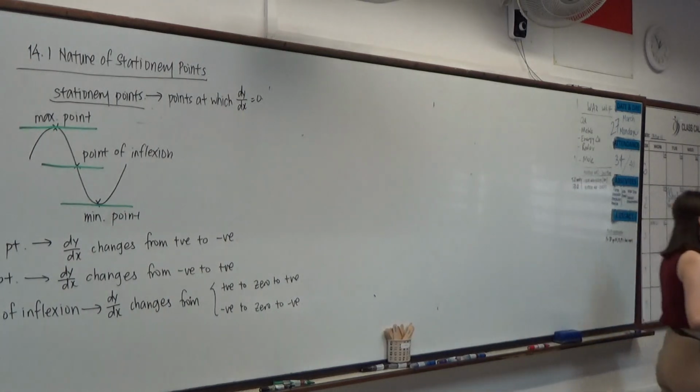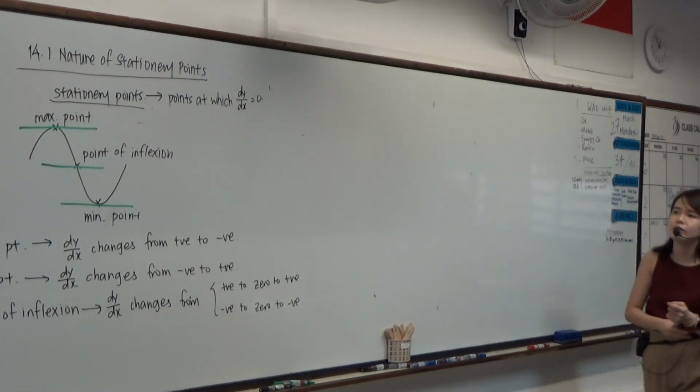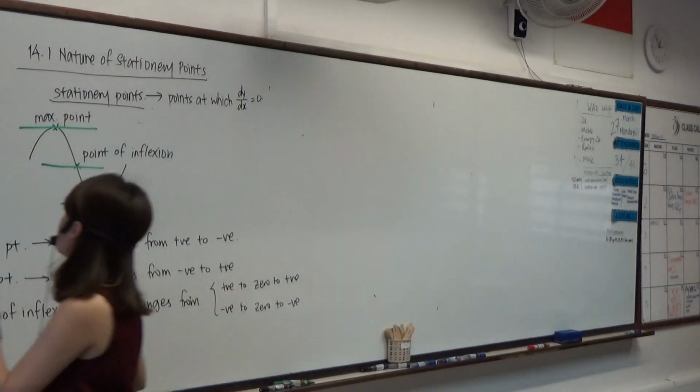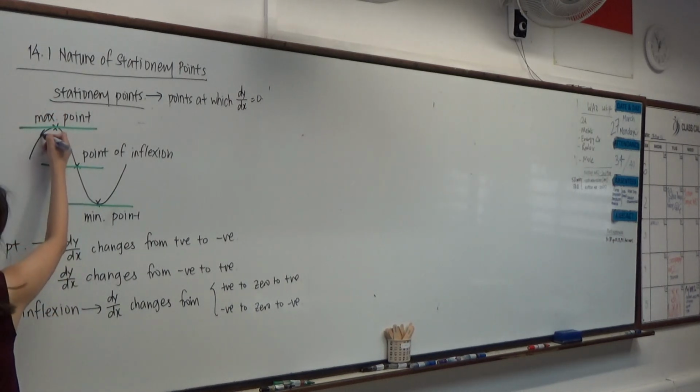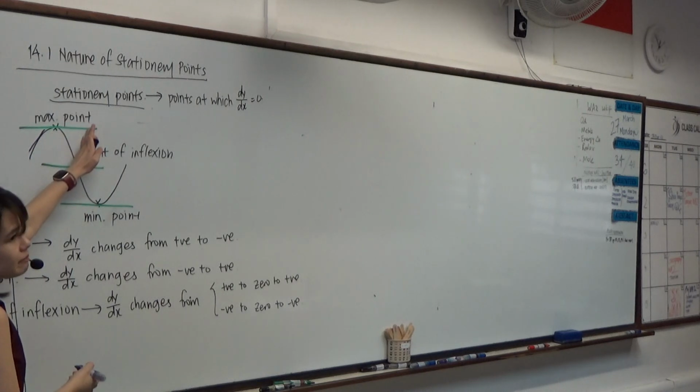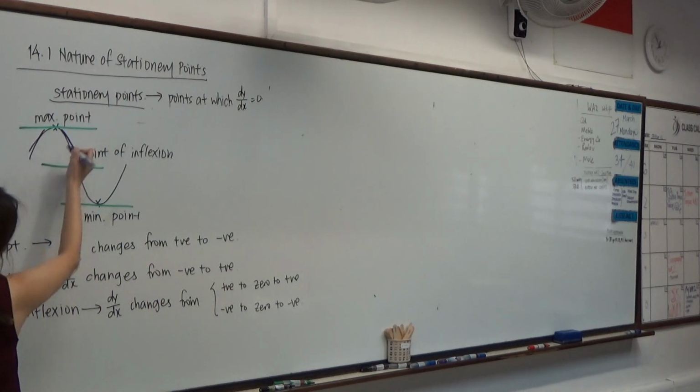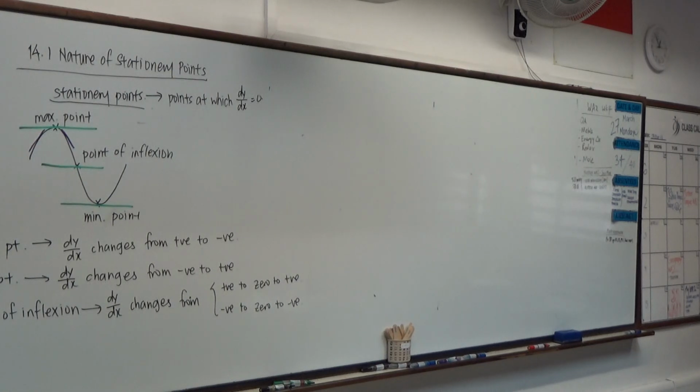For a maximum point, how we define it using the calculus concept, the concept of gradient, is by looking at the tangents on the left of the maximum point and on the right of it. On the left of the maximum point, your tangents will always be upward sloping. Whereas on the right, your tangents will always be downward sloping. No matter how you draw the maximum point, this will definitely be true.